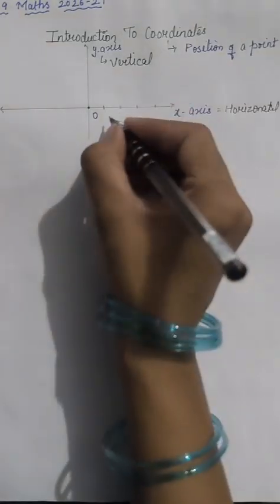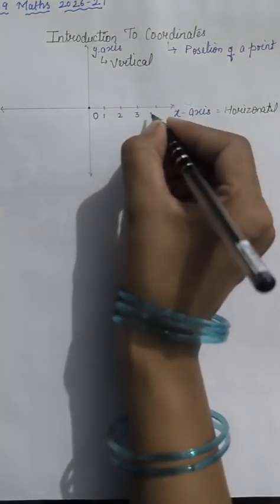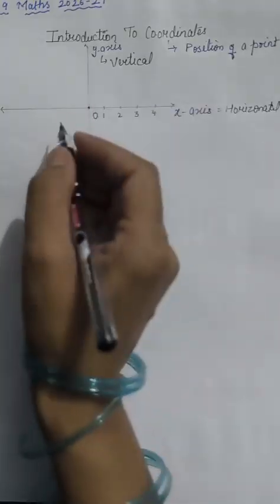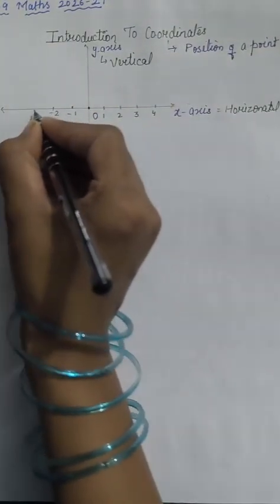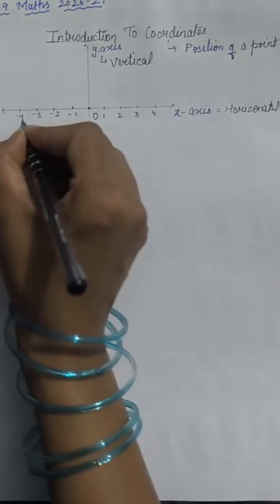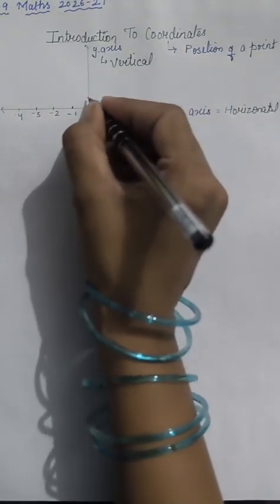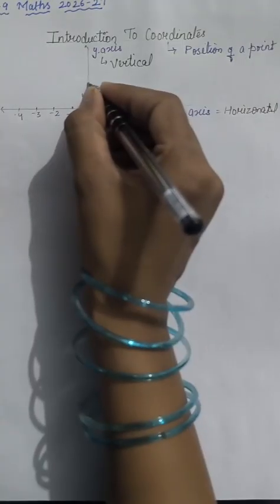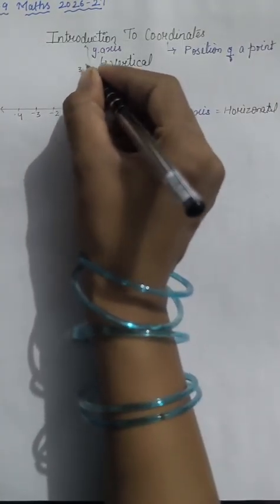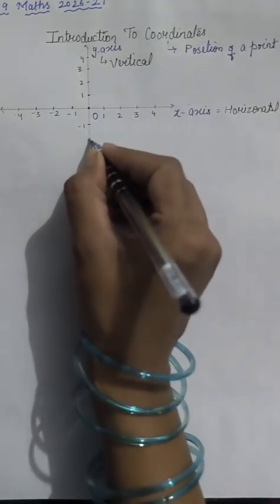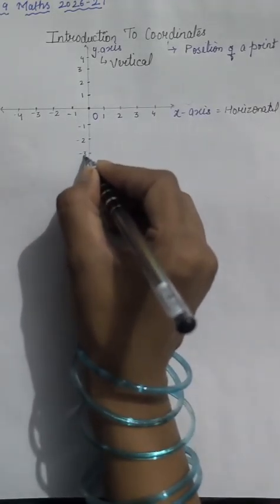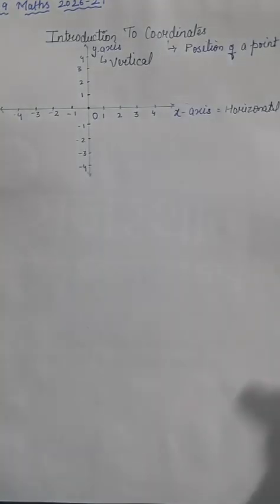I can write here 1, 2, 3, 4 on the right hand side, and at the left hand side the numbers are -1, -2, -3 and -4. Same at the upward of this origin on the y-axis, +1, +2, +3, +4, and downward negative, -1, -2, -3 and -4.